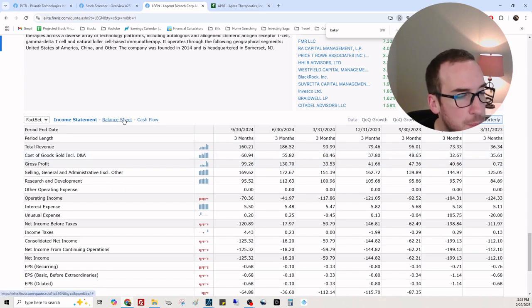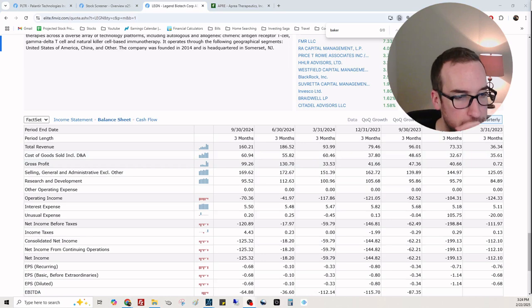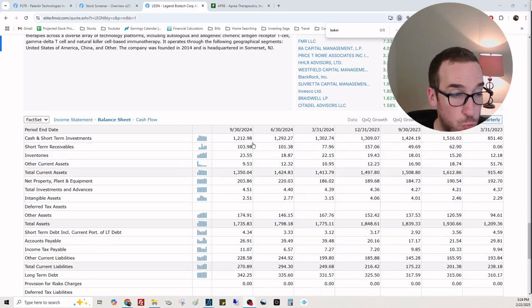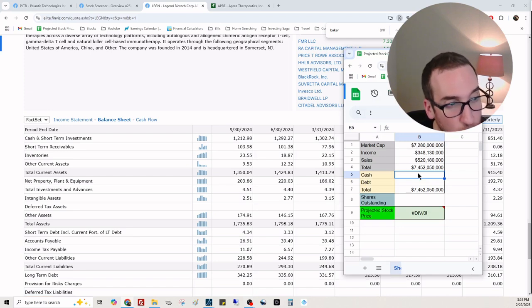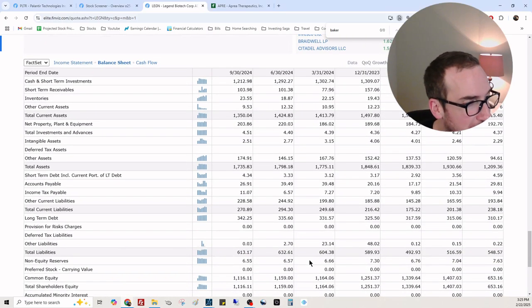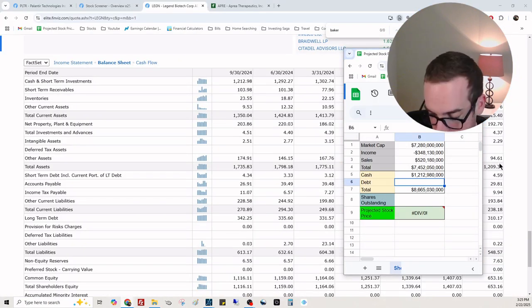Okay. Balance sheet on the quarterly, let's see what we got. Cash, wow, they got 1 billion in cash. 1,212,980,000 in cash. What are they doing? Debt only 342 million. Pay that off, baby. 342,250,000.